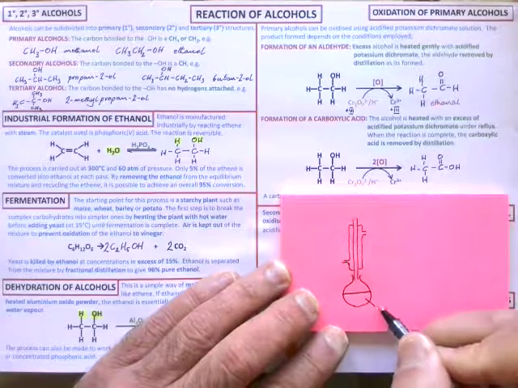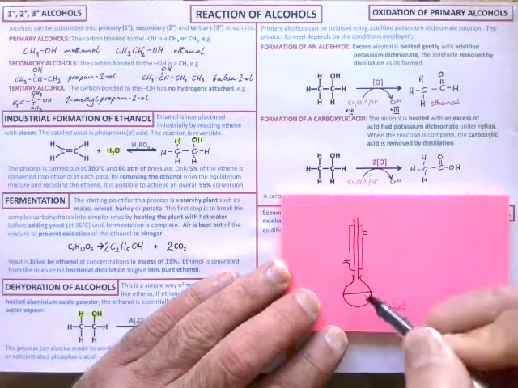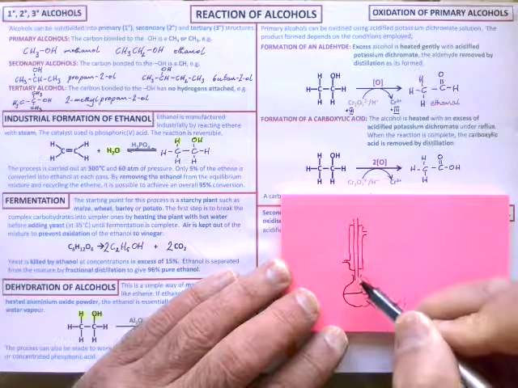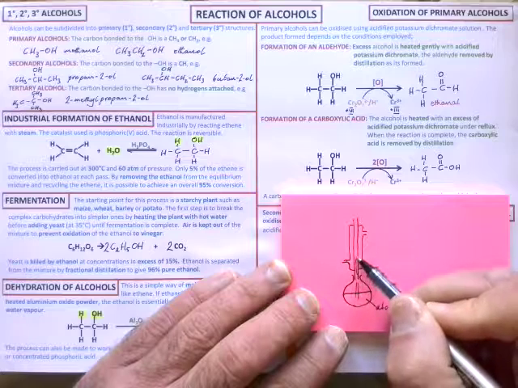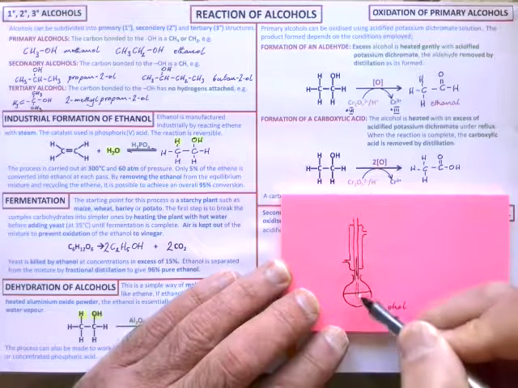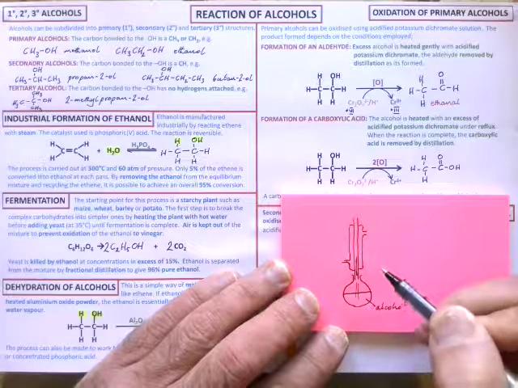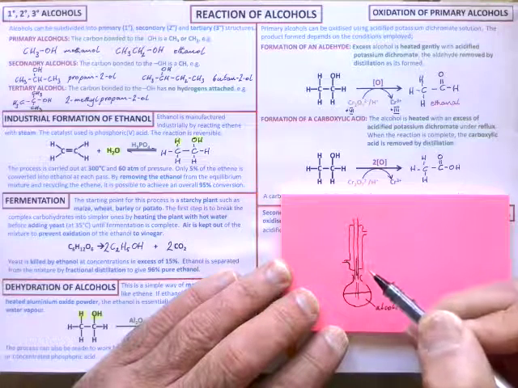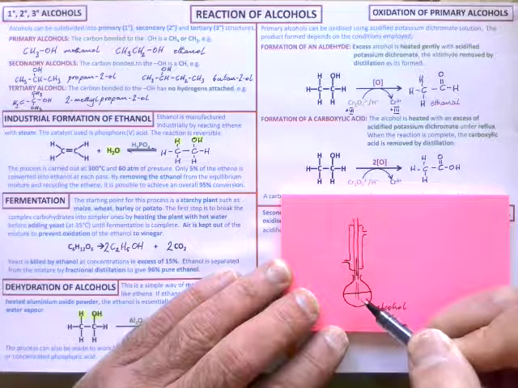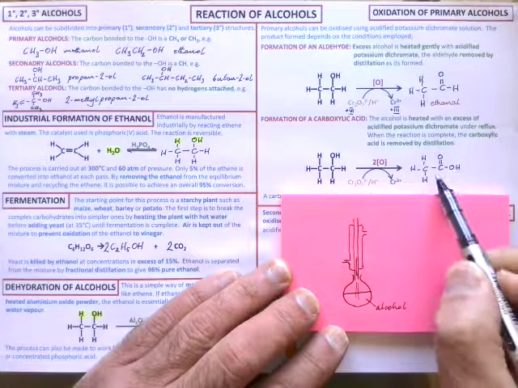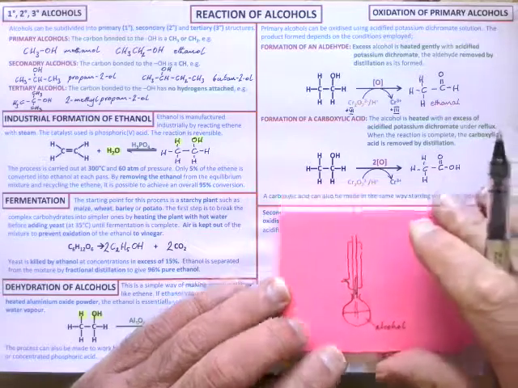So you have your alcohol in there and your oxidizing agent, obviously, and you would just keep on heating that, and you would get this boiling, condensing business going on. An aldehyde is formed initially, but there's no escape for it this time. It's got to stay in there, and it'll keep being heated with the oxidizing agent, and that will eventually cause it to form the carboxylic acid. So that's much more forceful.